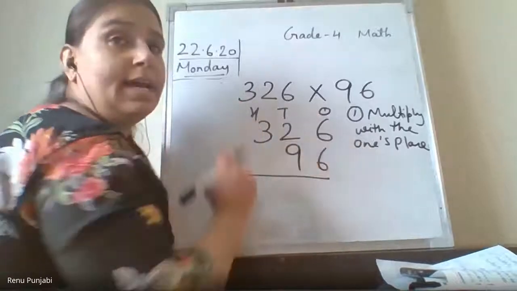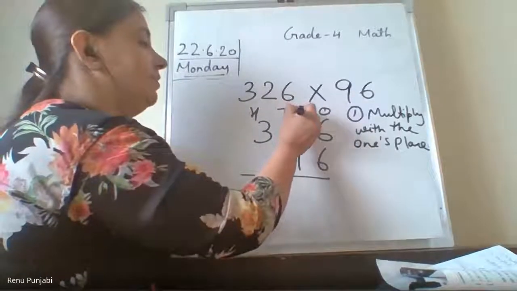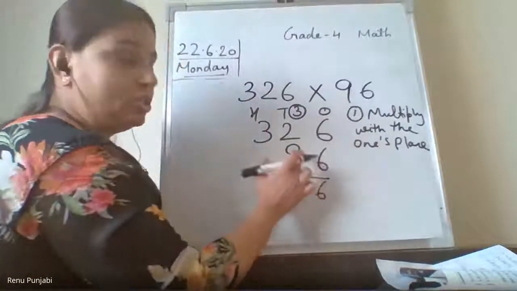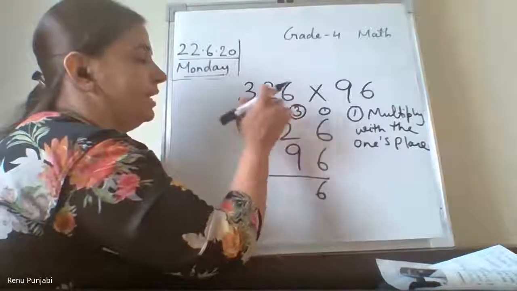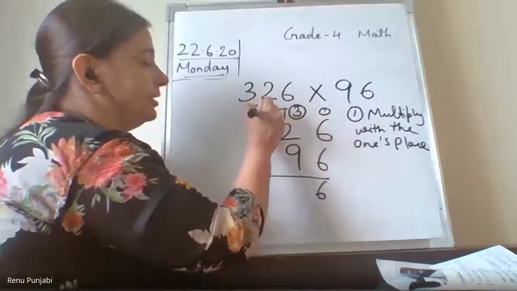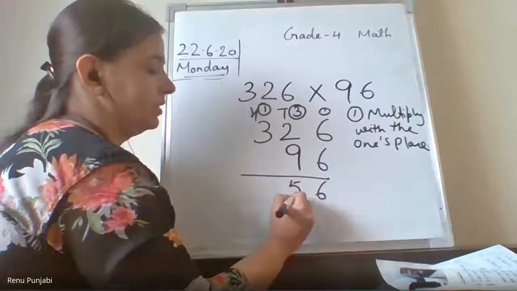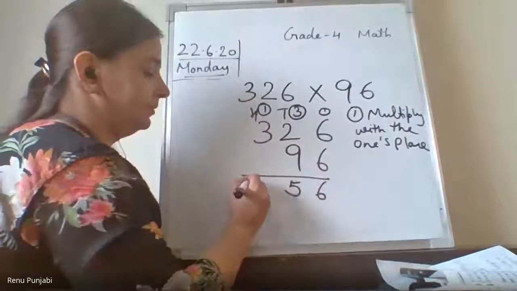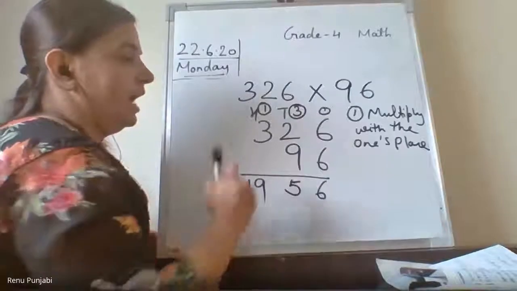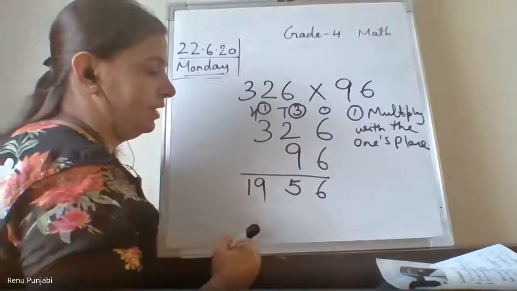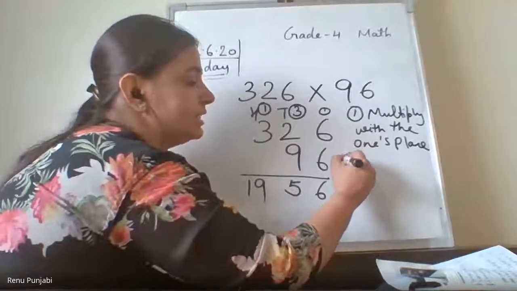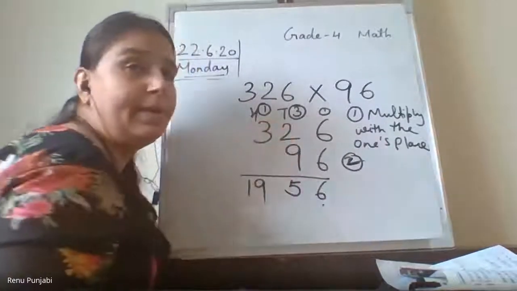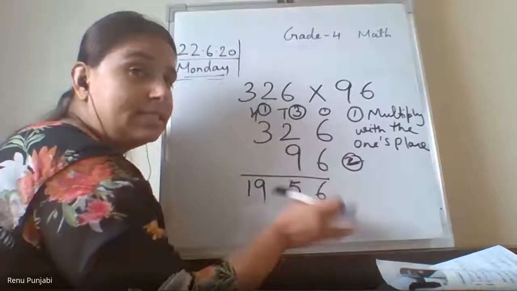6 6s are 36. 3 will go here, 6 will be here. 6 2s are 12 plus 3, 15. 6 3s are 18 plus 1, 19. After multiplying this number, we have to freeze the ones place or block the ones place, or write the 0 at the ones place because the ones chance is over now.